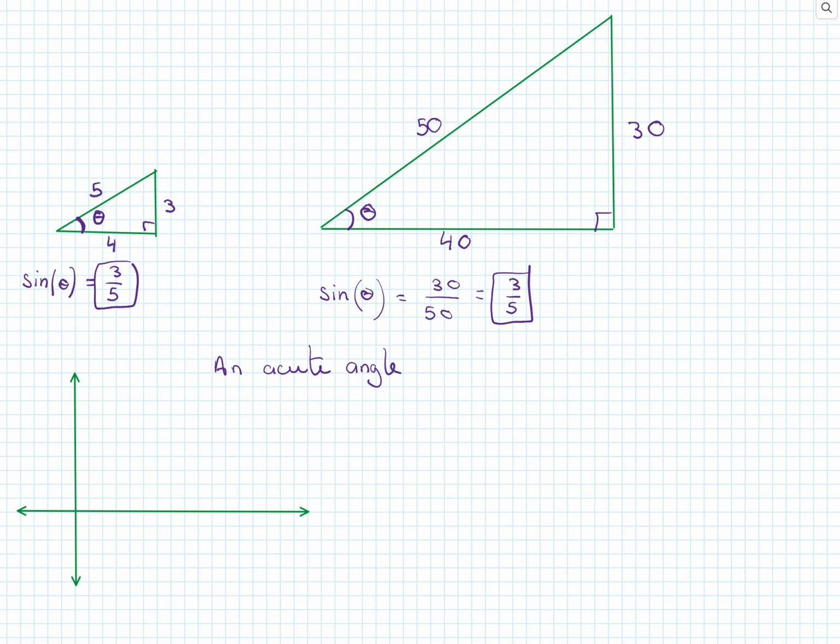And we use a lot of theta. So how about we use alpha for a change? So we have an acute angle alpha in standard position. So remember, that means the vertex is on the origin and the initial side is the positive x-axis.